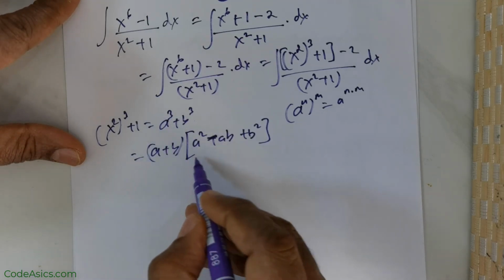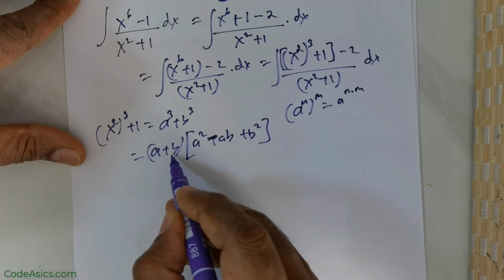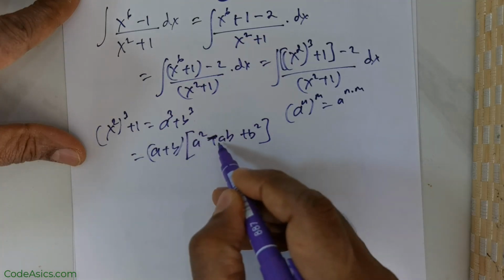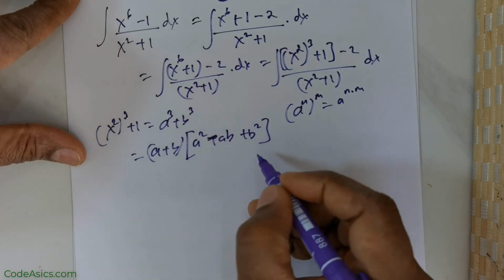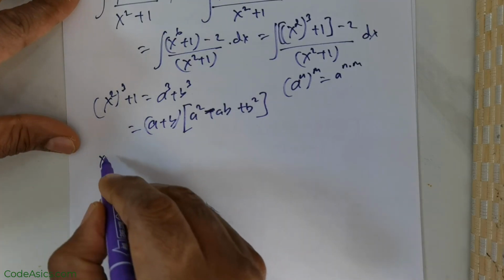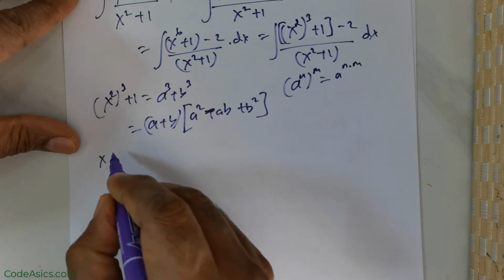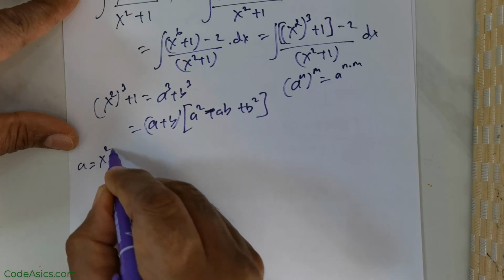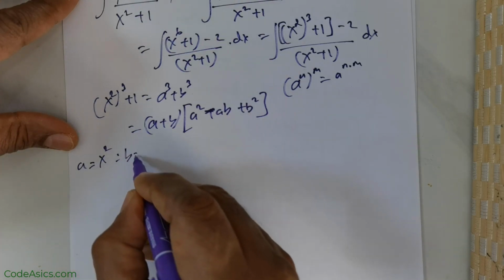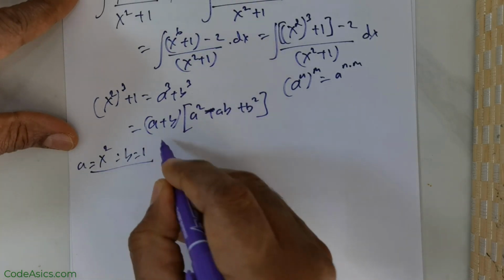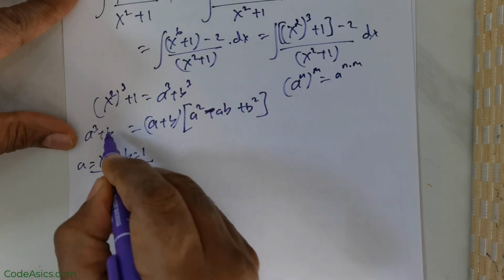A cubed plus b cubed will give me a plus b times a squared minus ab plus b squared. So this is going to be, in place of a I have x squared, and in place of b I have 1. So if you had to substitute, this is a formula.